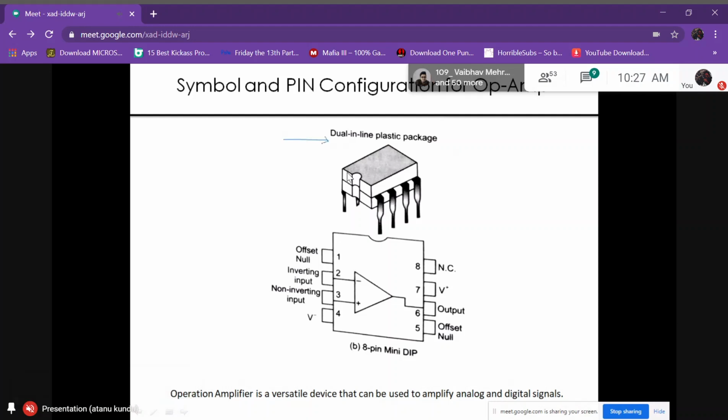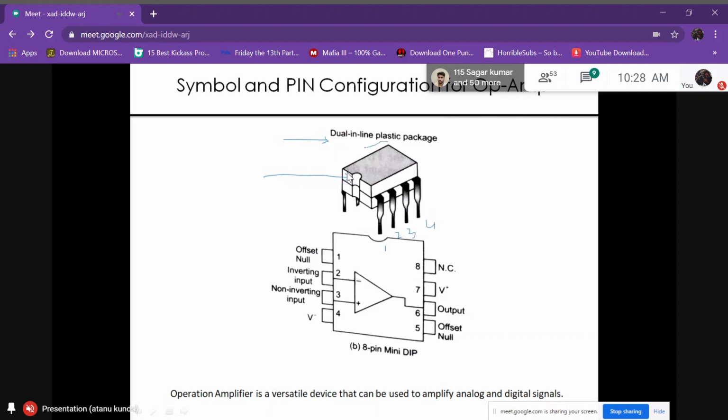This is called dual in-line plastic package. It looks like this. And this is called the notch of the IC. And IC pin numbering is like this. You have to start from this point. This is pin number 1, then 2, then 3, then 4.